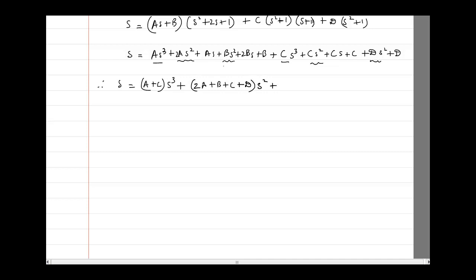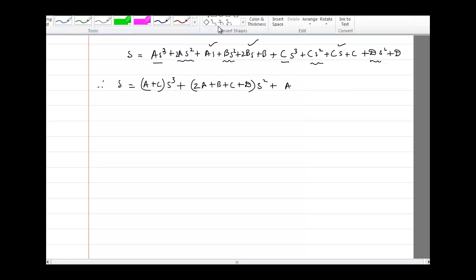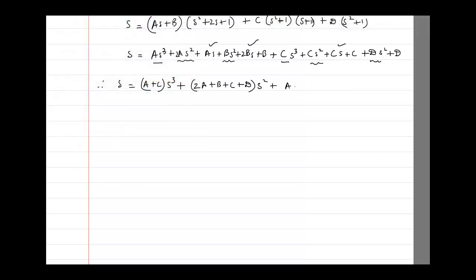Now for s, it is a plus 2b plus c, the coefficient for s.